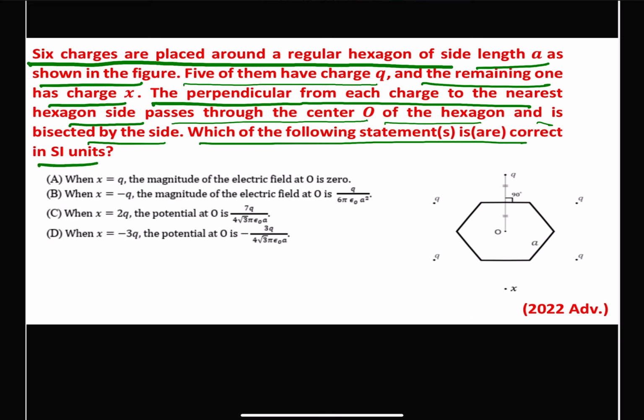So the basic figure is given to us. We have a hexagon and 6 charges, and 4 of them are on the perpendicular bisector of the sides. So we can just draw the perpendicular bisector, and the other two also on the perpendicular bisector.